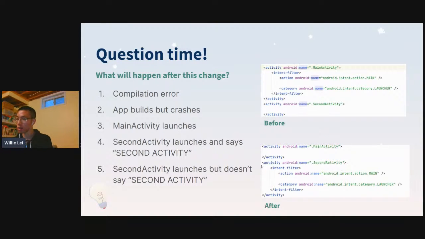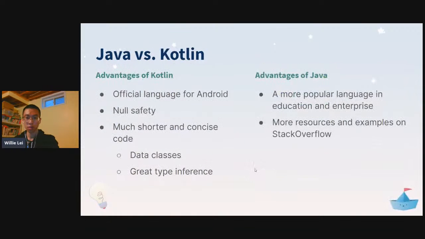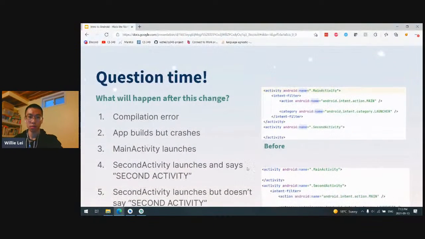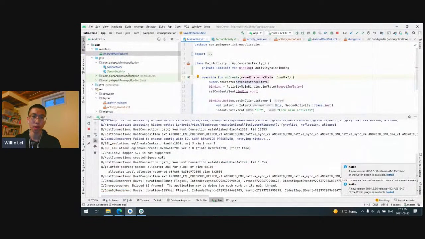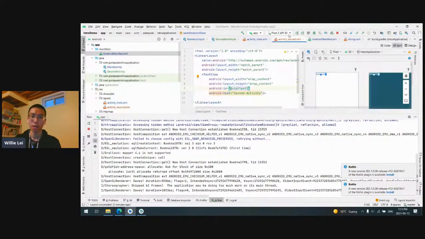I see someone has voted for option number 4. I'll just wait a couple of seconds. So if you remember why I chose second activity, it's because this is the default text that we have here.